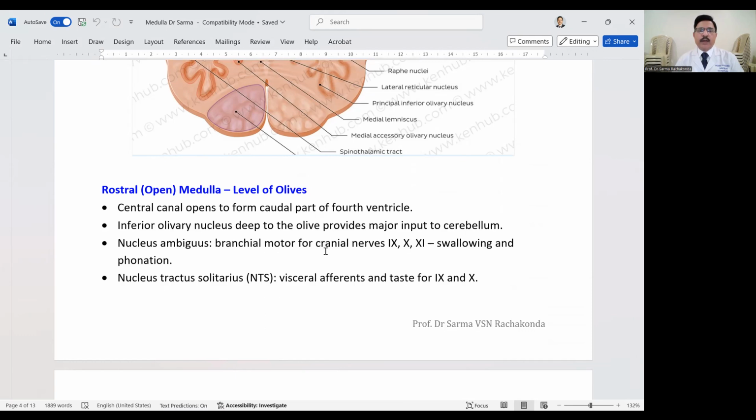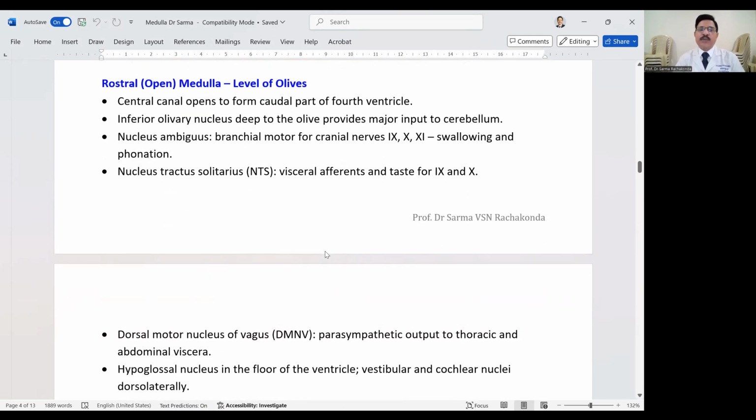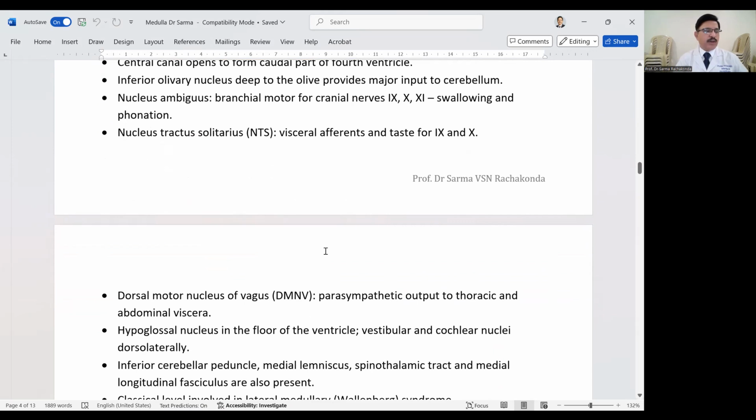Olivospinal and cerebellospinal tracts go through the olivary nucleus. Nucleus ambiguus is the branchial motor nucleus for cranial nerves 9, 10, and 11, responsible for swallowing and phonation. Tractus solitarius carries visceral afferents, visceral sensations, and taste sensation from the posterior one third of the tongue.